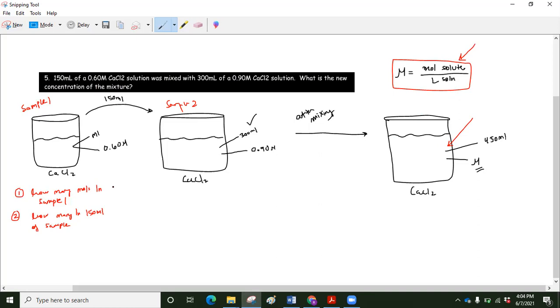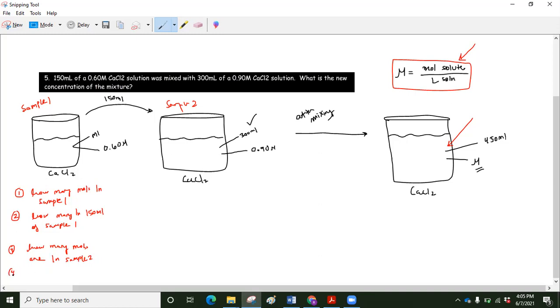So our first question is how many moles are in sample one, and then our second question is how many moles are there in 150 milliliters of sample one. And then, of course, how many moles are in sample two?